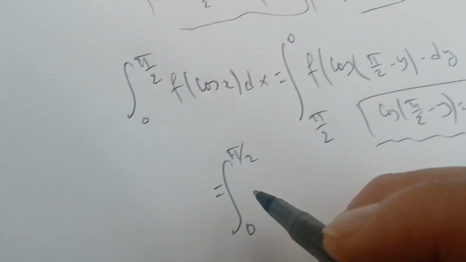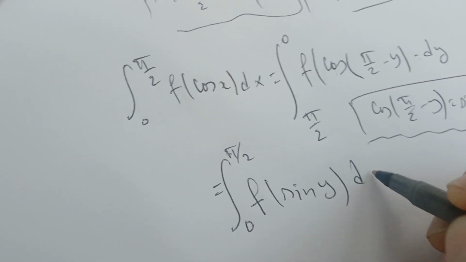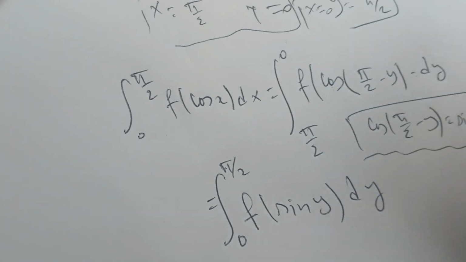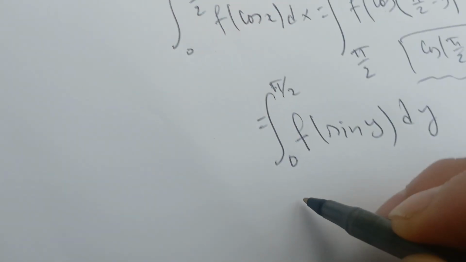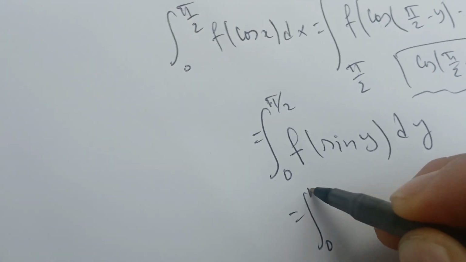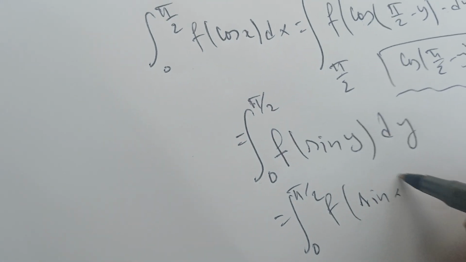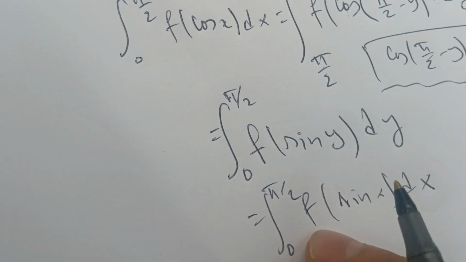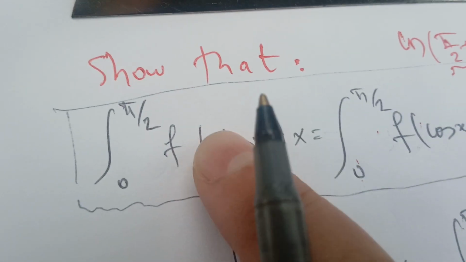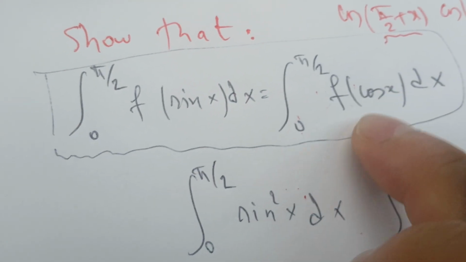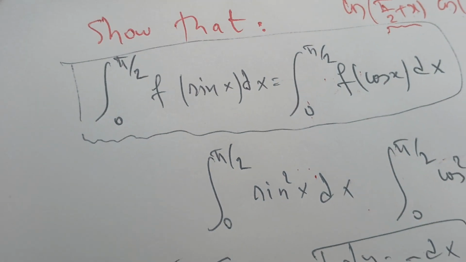So therefore I have f of the sine of y dy. And since y or x is just a dummy variable, I can put this one in this form: f of sine x dx. Okay, this tells me that I have shown that this integral on the right is the same as the integral on the left. And that's what I need in this case.